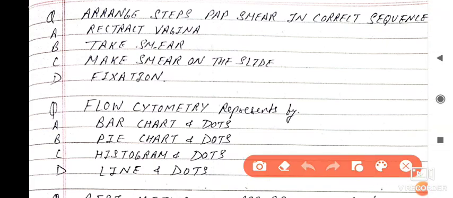Firstly, retract the vagina, the first step. Second is take a smear, third is make a smear on the slide, and fourth is fixation. So all four steps are the same. Now flow cytometry is represented by histogram and dots.